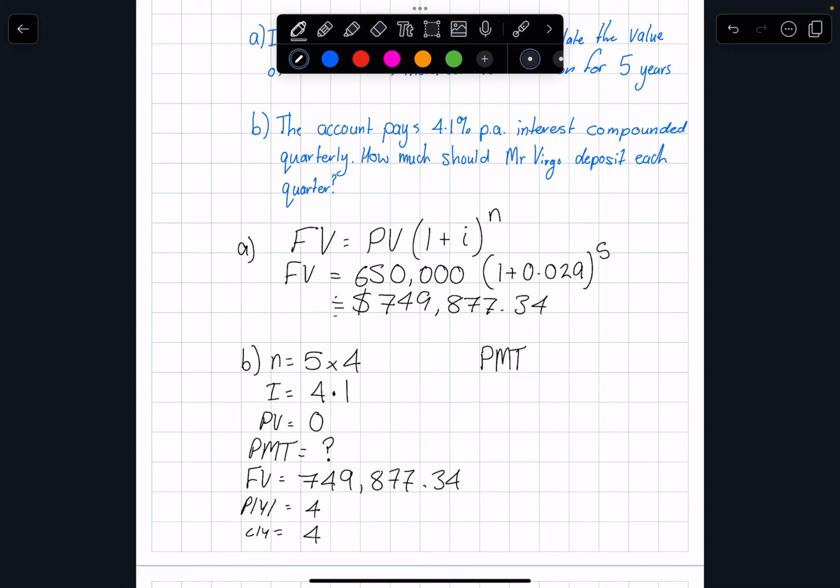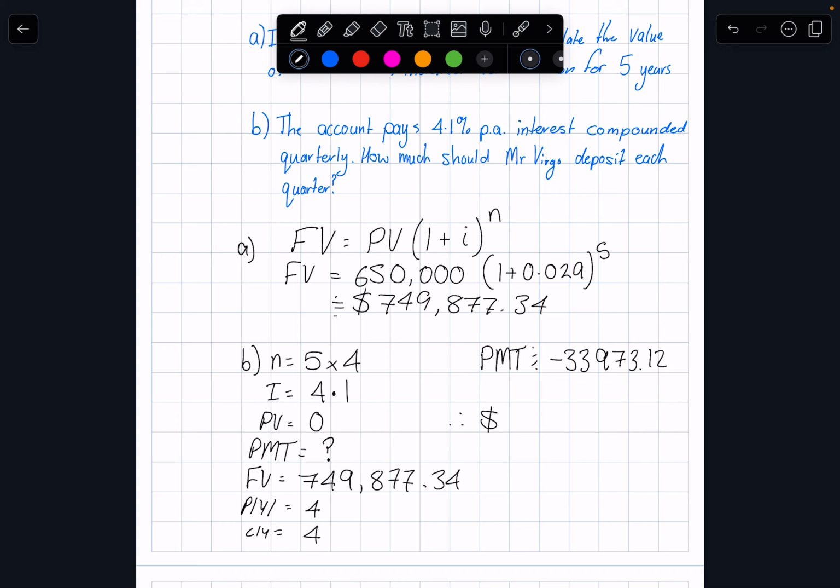So let's throw that into my calculator. We've got 5 times 4 is 20, 4.1, 0, 749,877.34, and then 4 for PY and CY. The PMT that comes out is minus 33,973.12.